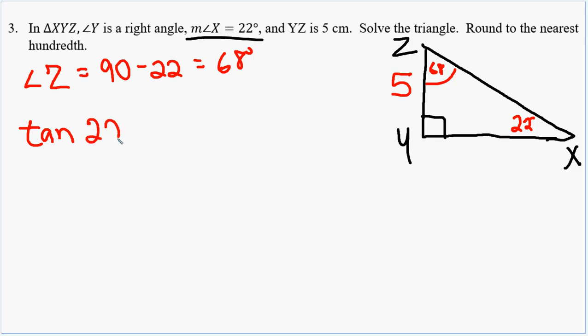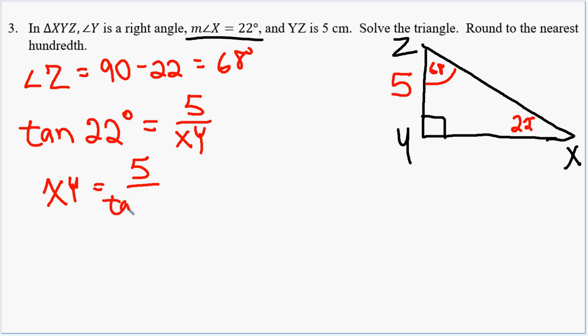The tangent of 22 degrees is equal to opposite 5 over side adjacent, or xy. And again, to get xy by itself, we'll multiply by that and divide by tan 22. So xy is 5 divided by the tan of 22 degrees. And that should come out to be approximately 12.4.